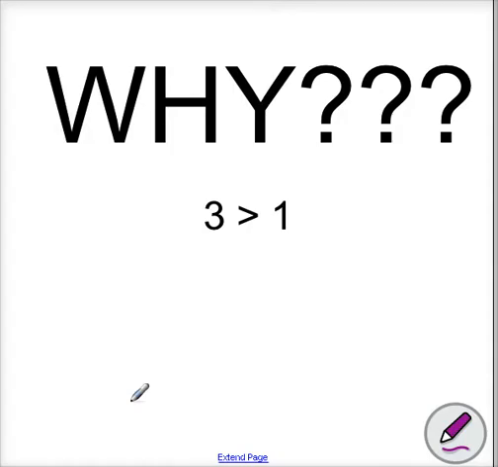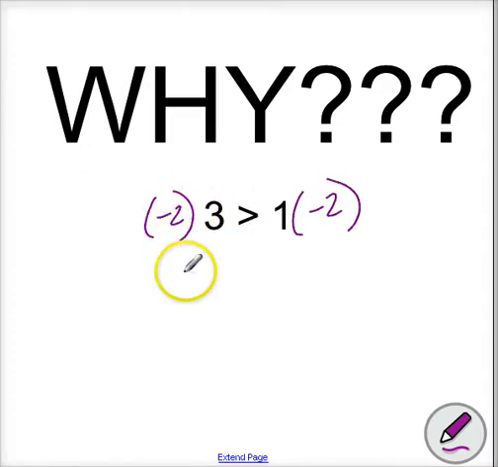Here's why you have to do this. If I have an inequality 3 is greater than 1, we know that 3 is bigger than 1. What if I multiply each side by a negative number? How about -2? Alright, so this now becomes -6 is greater than 1 times -2 is -2.